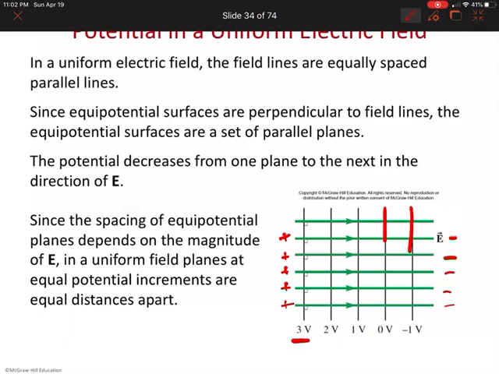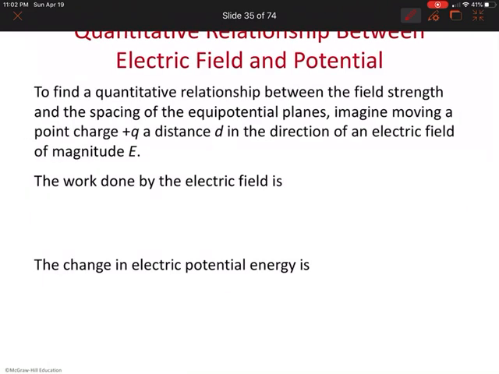So it decreases the closer it gets to those negatives, or farther away it gets from the positive. So since the spacing of the equipotential planes depends on the energy or the electric field, in a uniform field planes, they are equal increments.